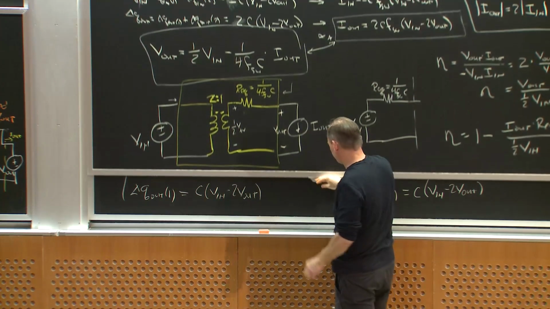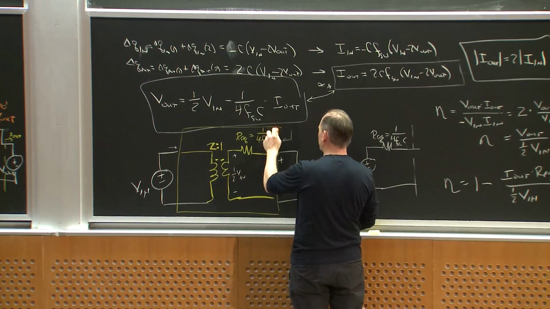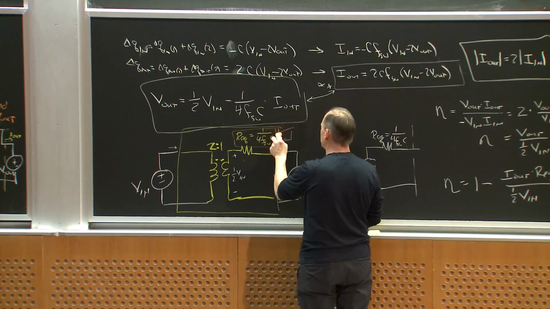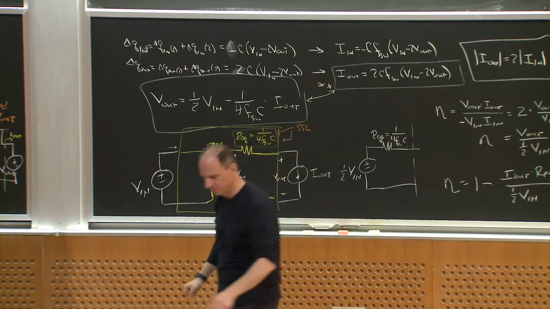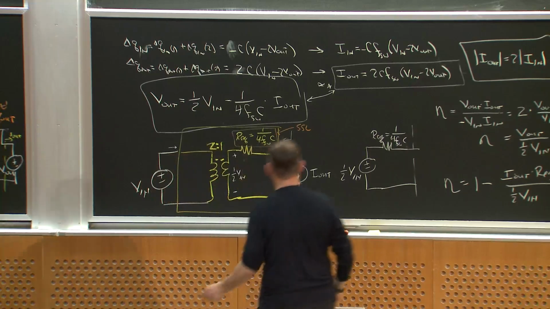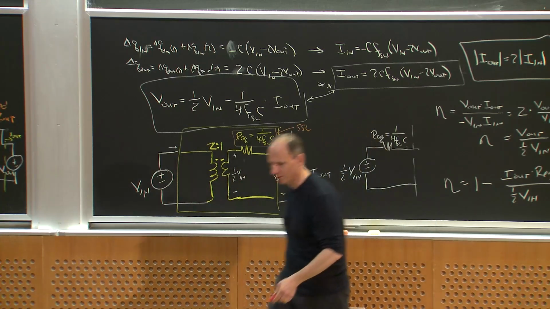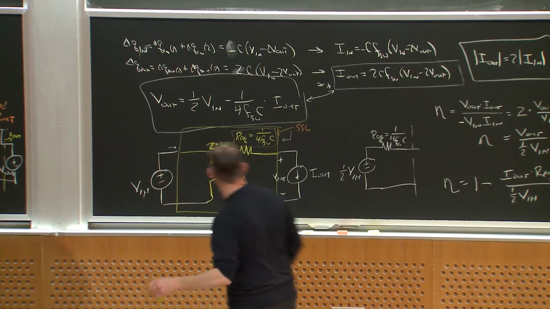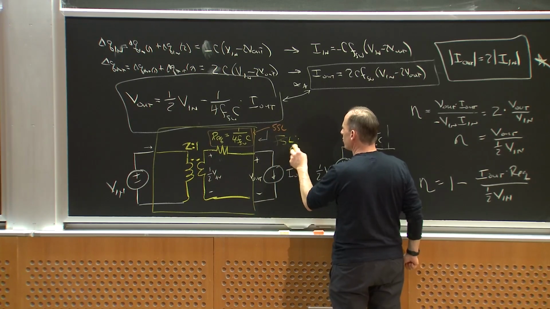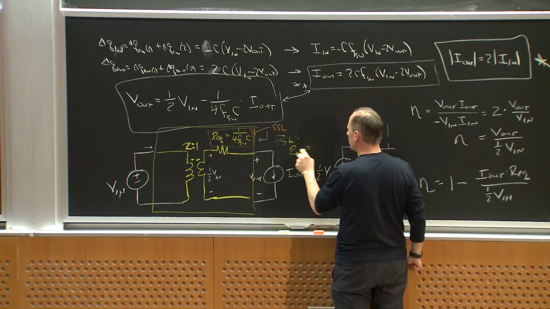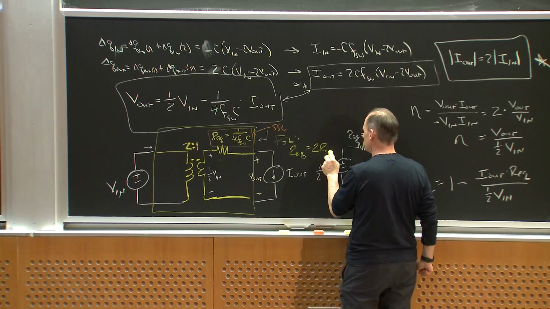So here, I get this in the SSL, and in the FSL, REQ is simply equal to 2R switch.